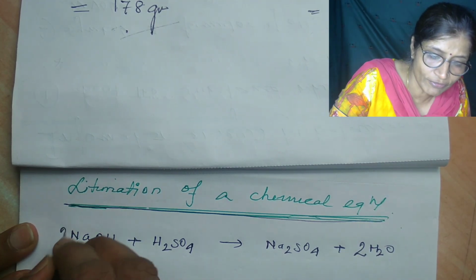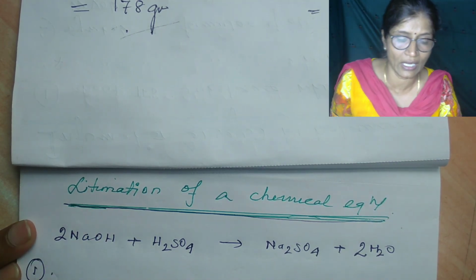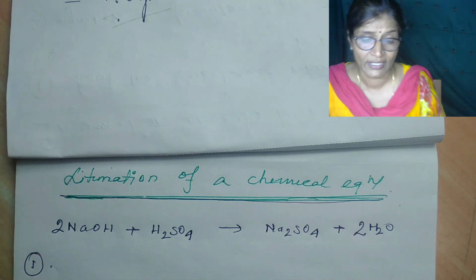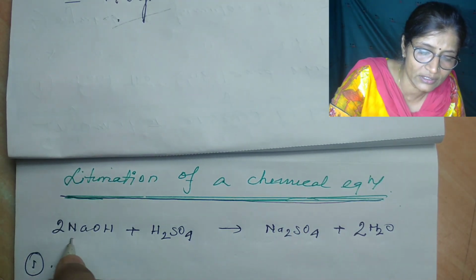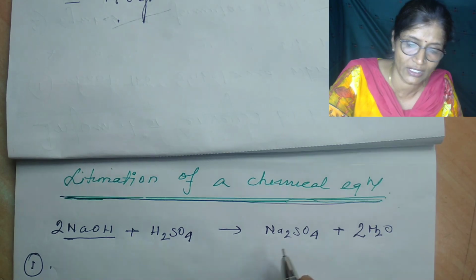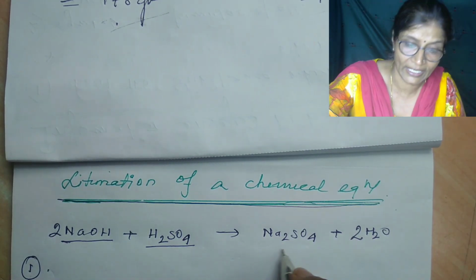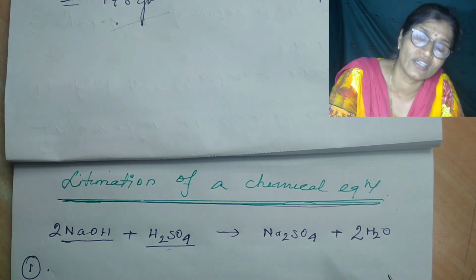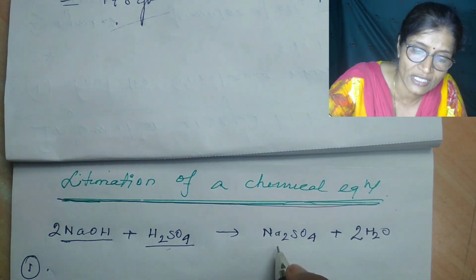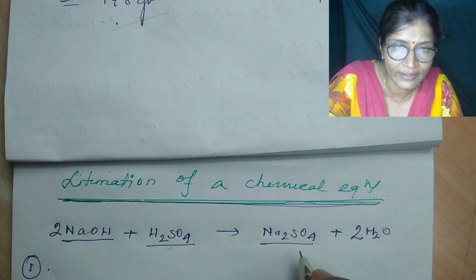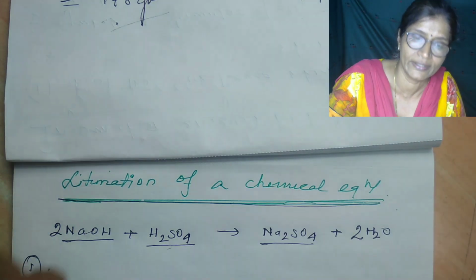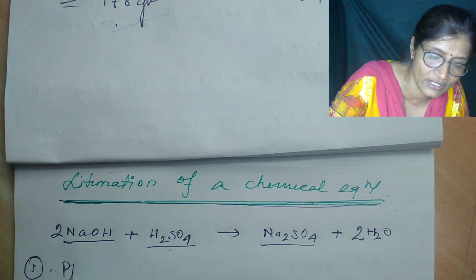The first piece of information we are not getting is that we don't know whether this sodium hydroxide is in the solid state, or in which state the sulfuric acid is, aqueous, solid, liquid or gaseous. For sodium sulfate also we cannot get the idea. So we won't get the idea about the physical state.